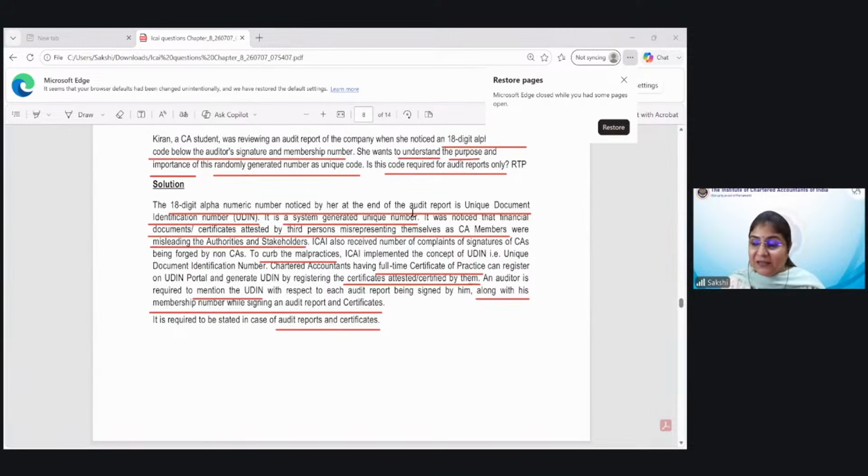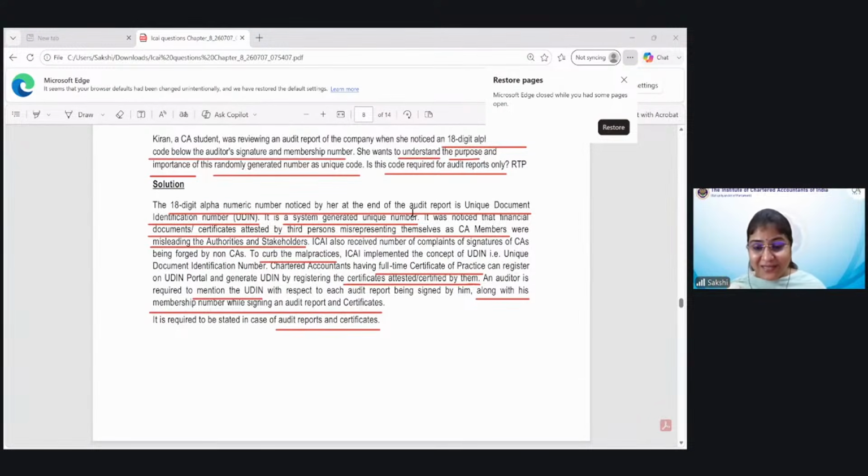So then the institute received many complaints regarding this person, that person, and finally came to know that they were not even members of the institute. They were non-CAs. So the institute said, how can we protect ourselves? So this is an initiative for that purpose, that this number is generated so that no fake CA or non-CA can sign.